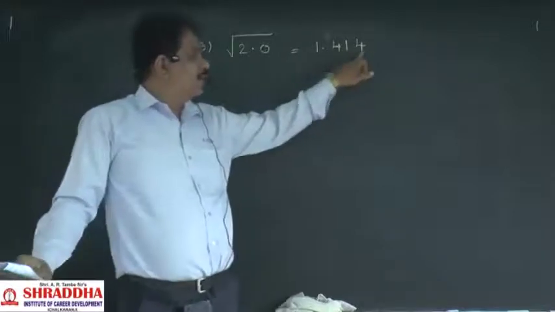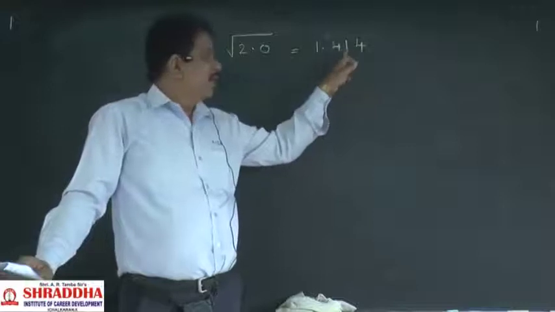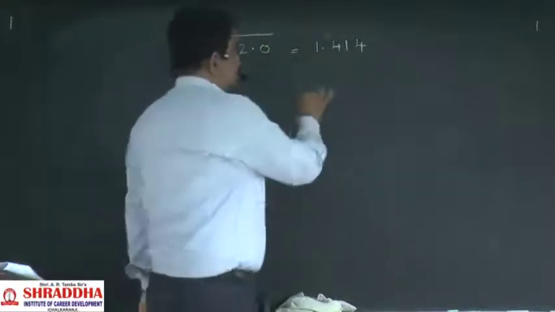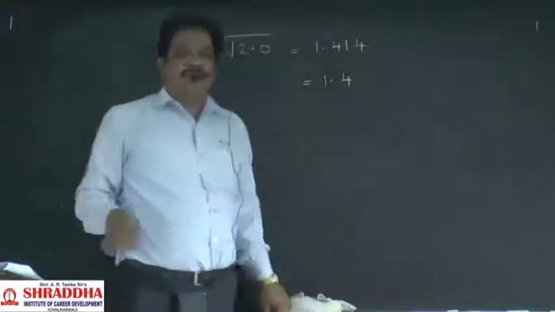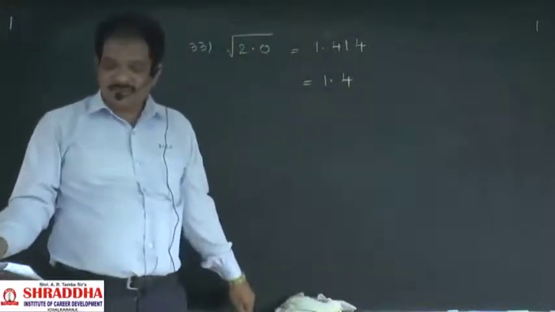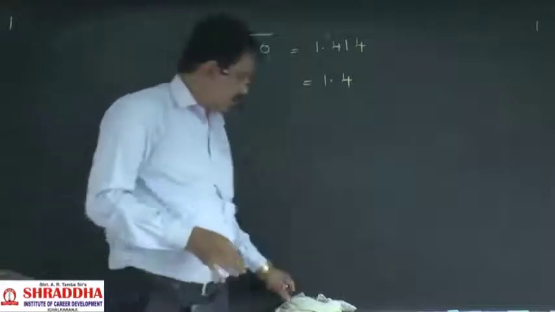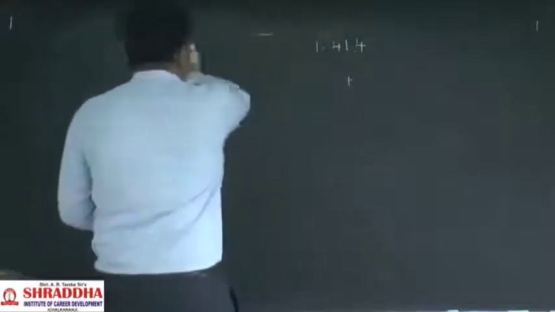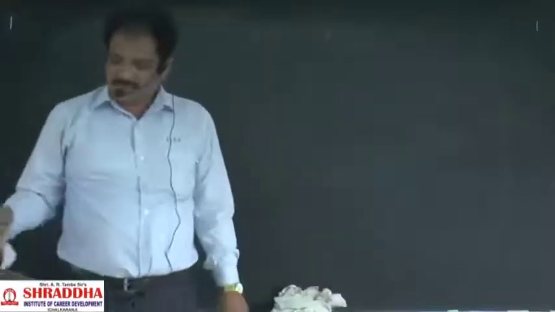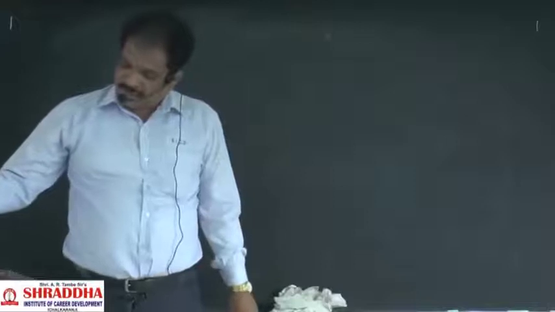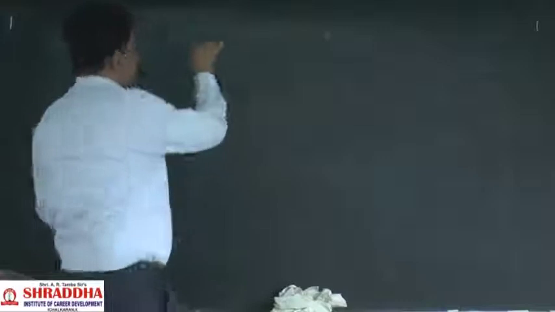This 4 is discarded, 1 will not change. 1 is discarded, 4 will not change. So it becomes 1.4. Okay. Next, 34. So 33, what is the answer? 33, it will be second option, B. Next, 34, C.